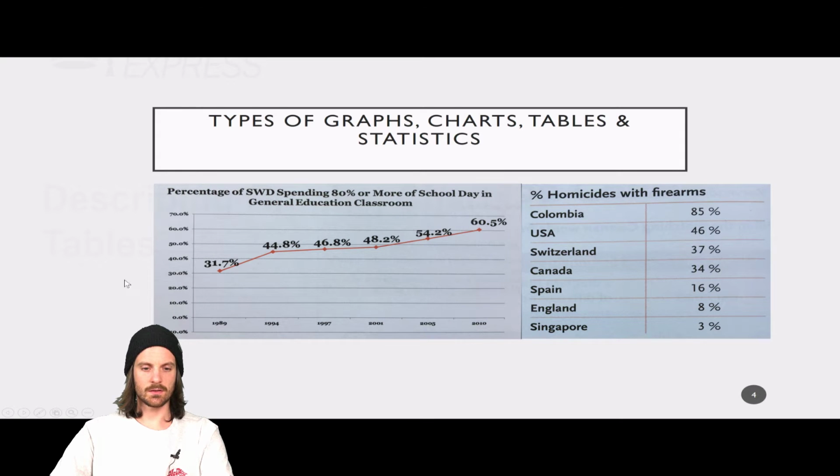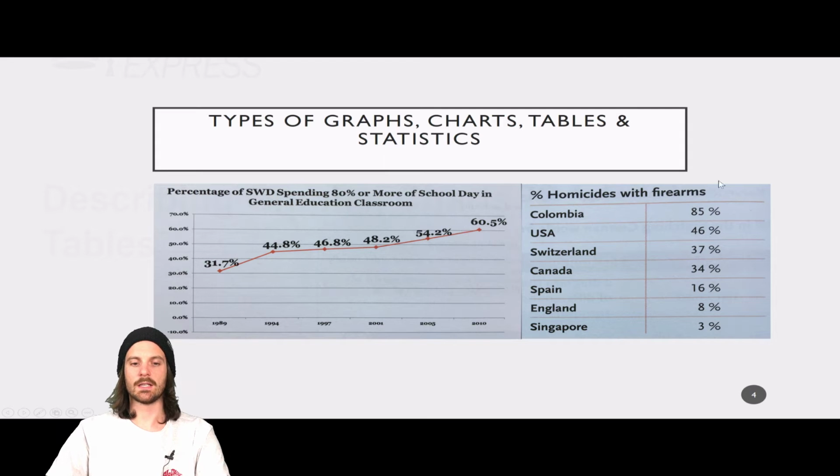This, of course, is a traditional graph here, diagram. Graph shows, in this case, some sort of percentage of SVD spending 80% or more of school day in general education classroom. And on the right side, we have a table.